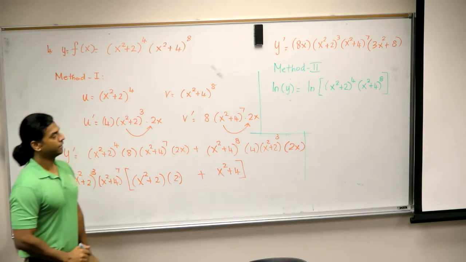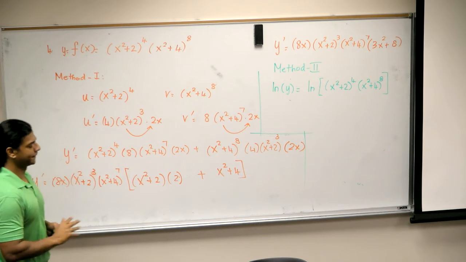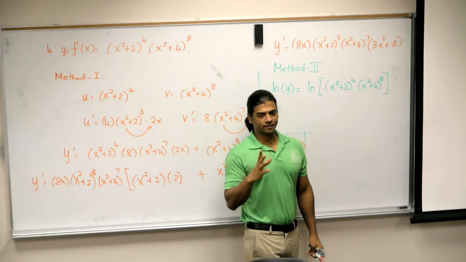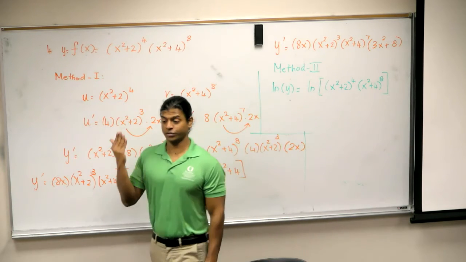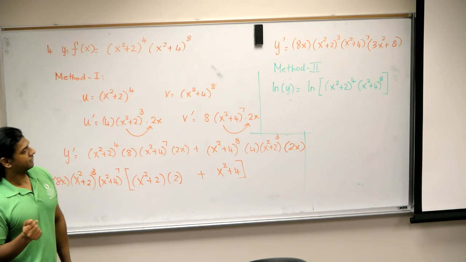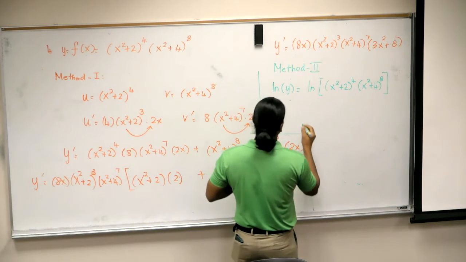I just took ln on both sides. From last week, I mentioned anytime you have logarithms, what is the first thing that you should do? Use the properties of logarithm, because they're multiplied, you can add them.